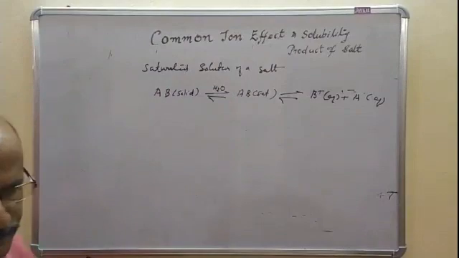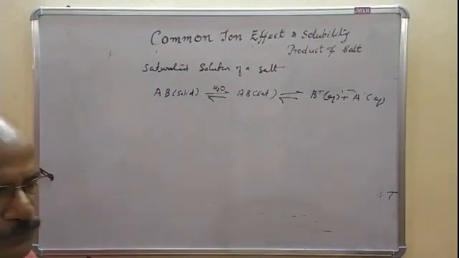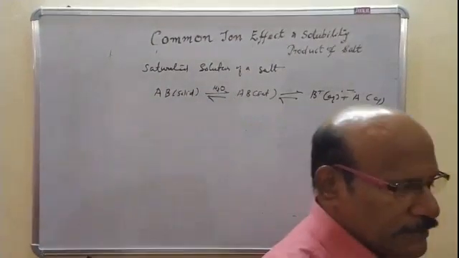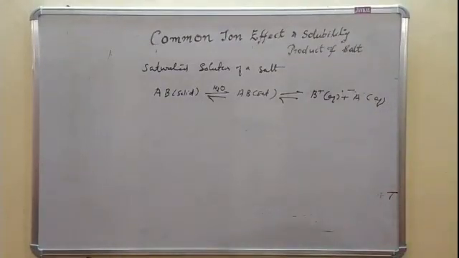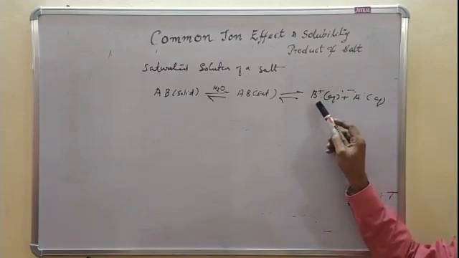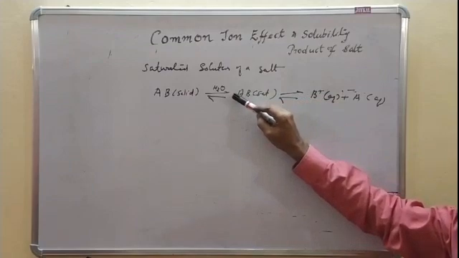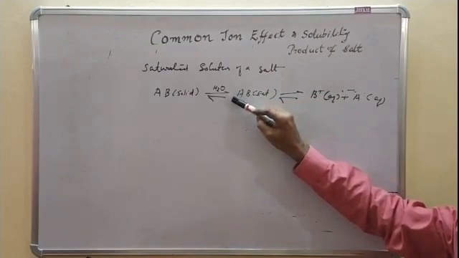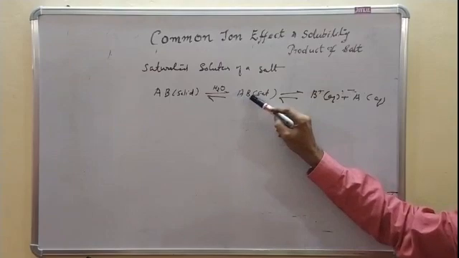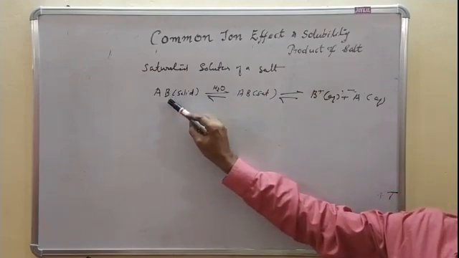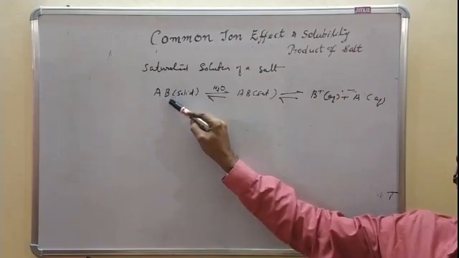A saturated solution of a salt is a state of equilibrium, in which the ions of the salt in the solution are always in equilibrium with the undissolved part of the salt, which in turn is in equilibrium with the solid part of the salt.